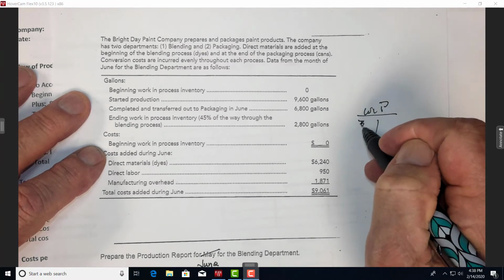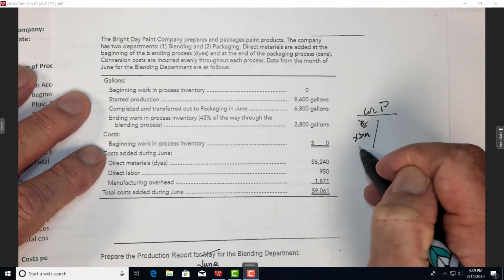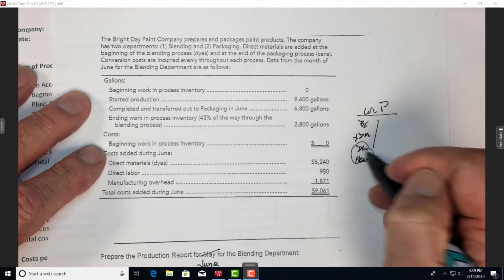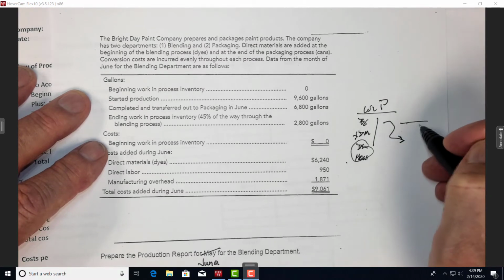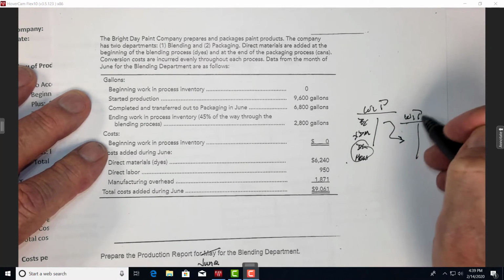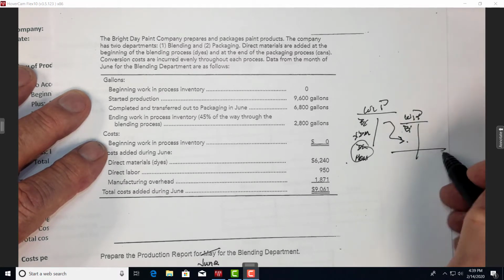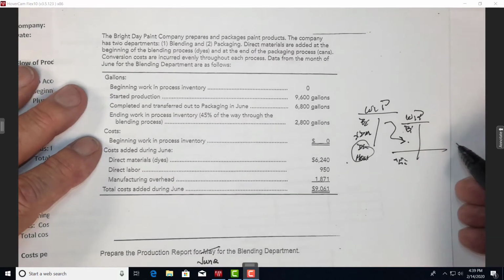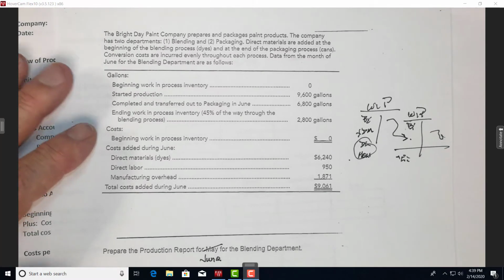Again, it's beginning inventory plus the direct materials, direct labor, and manufacturing overhead, which is the conversion cost, and they will transfer out into the second department, work in process, beginning inventory, the transfers out, and you then have minus ending inventory. Okay, and this eventually will transfer out into finished goods.